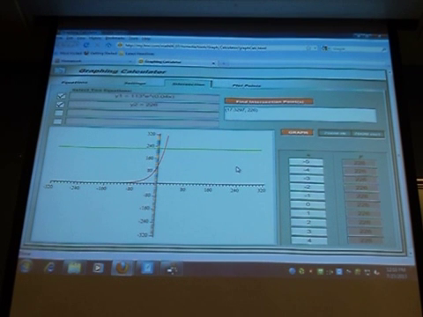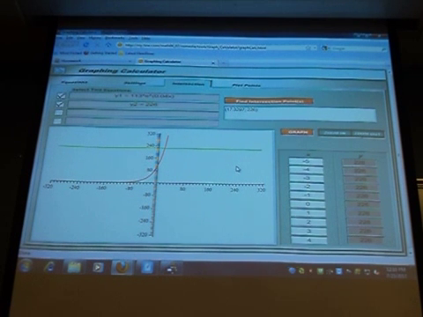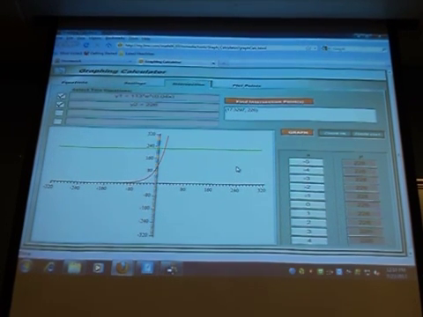Right, so now we can set everything. I'm going to change your window a little bit. There, that was better.